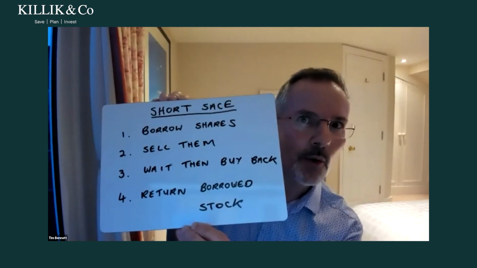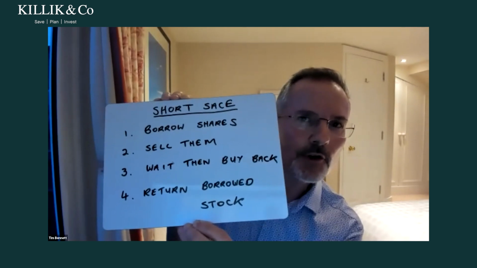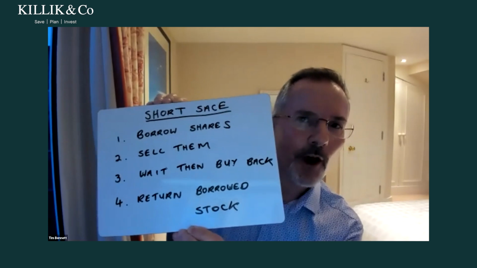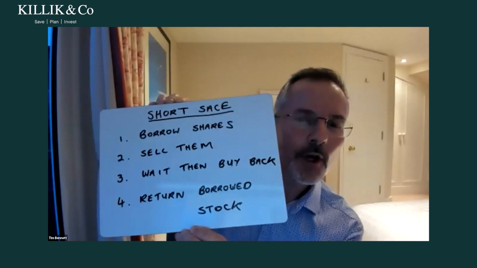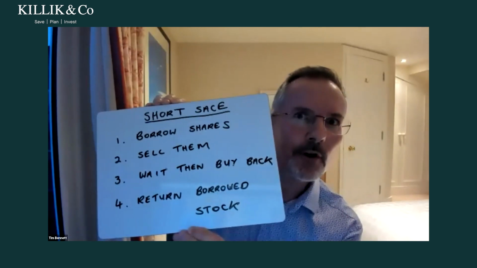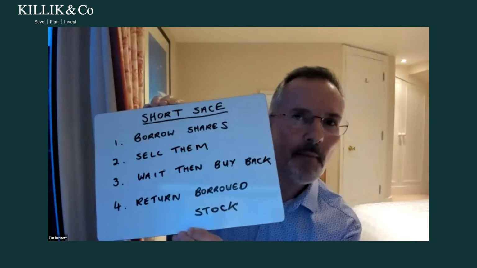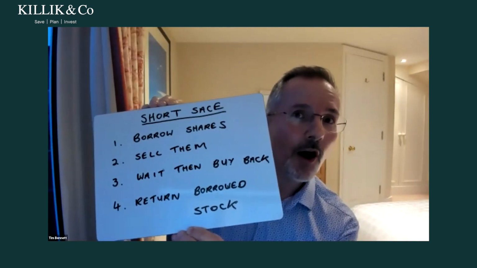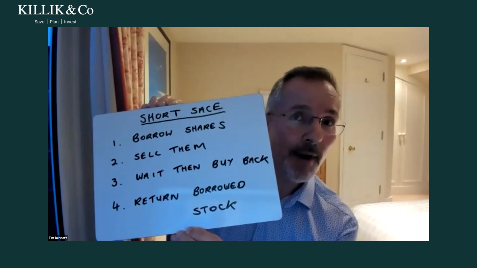Well, in a nutshell, a short sale is you borrow shares in the company you're targeting. These are the killer whales. You then sell them on in the open market. You wait, hoping the price will fall as you expect, and then you buy them back. So think about it, you've sold before buying, but if you sell high and buy back low, you'll make money.